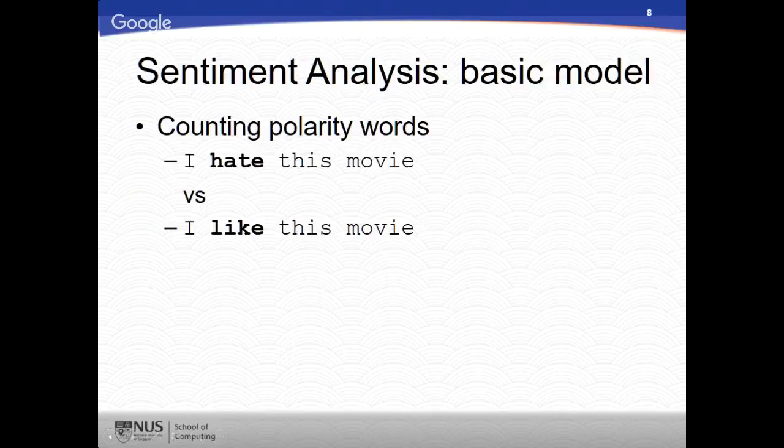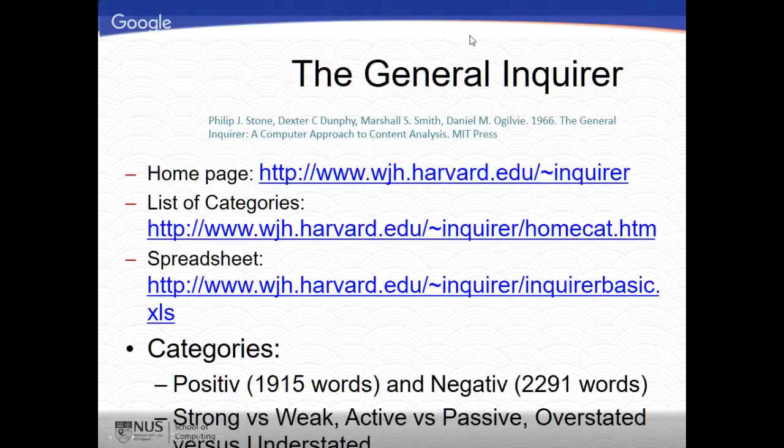The problem is, how does a computer know whether a word has positive or negative sentiment? Luckily, linguists and psychologists have already studied it and handcrafted a lot of dictionaries, which we call lexicons, to classify the sentiment words.